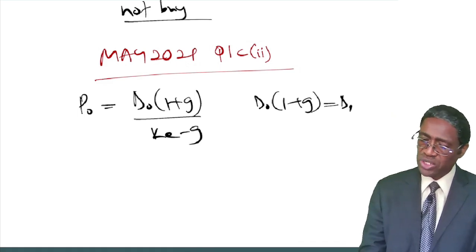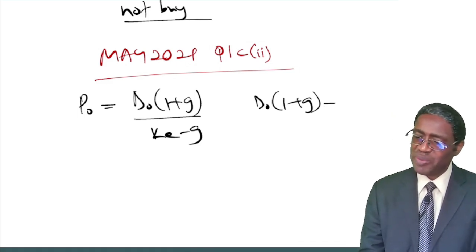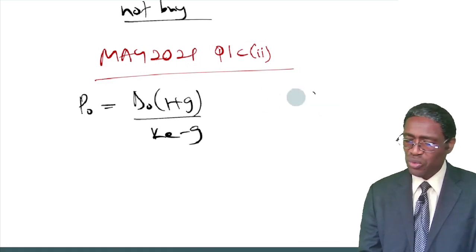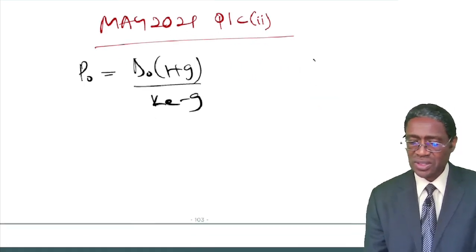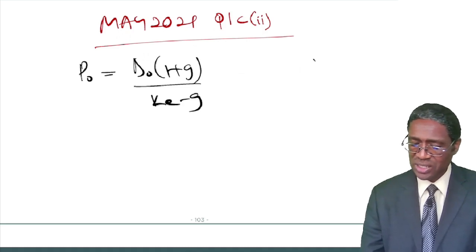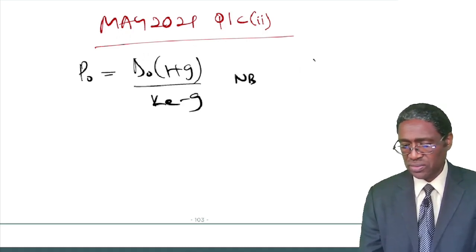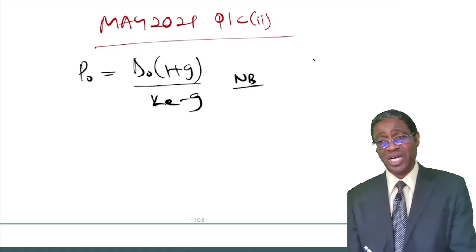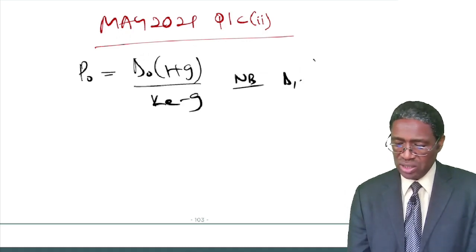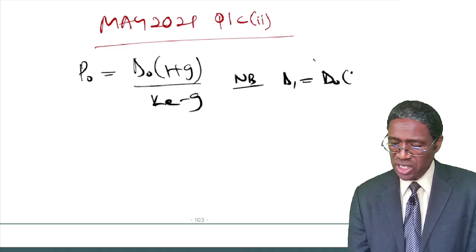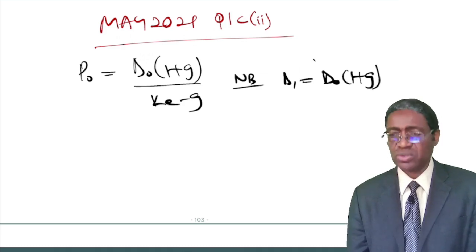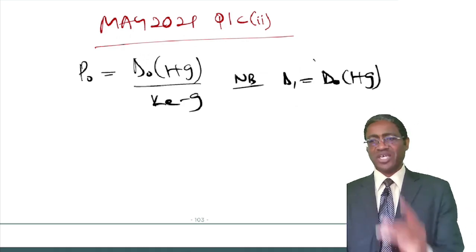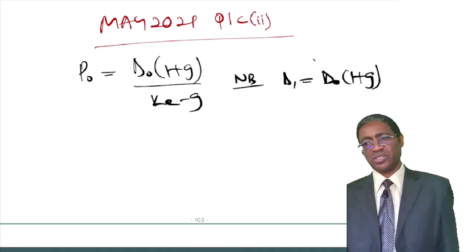From this question, they gave us the expected dividend. So we can convert this formula now. Maybe you can copy the formula, noting that D1 equals D0 into 1 plus g.